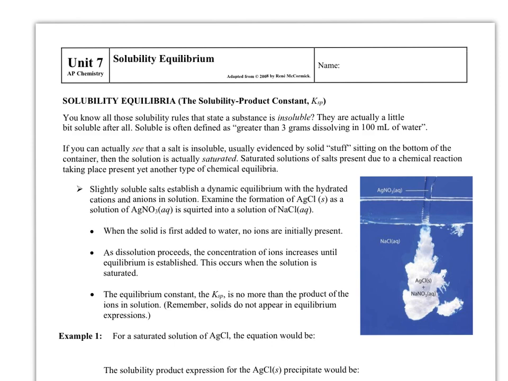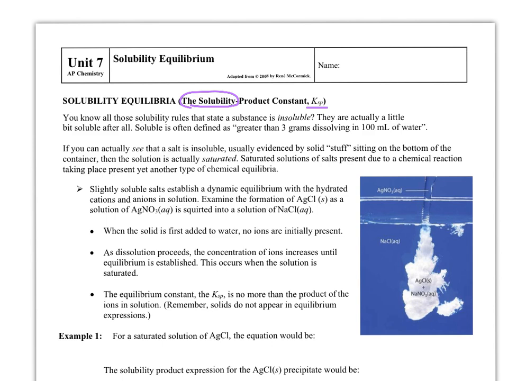So starting off, we have the concept of the solubility product constant, which is Ksp. This is an equilibrium expression or an equilibrium quantity, so we put in sp for solubility product. You probably remember that solubility refers to the amount that something dissolves.